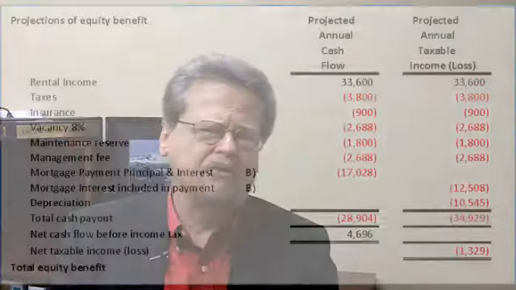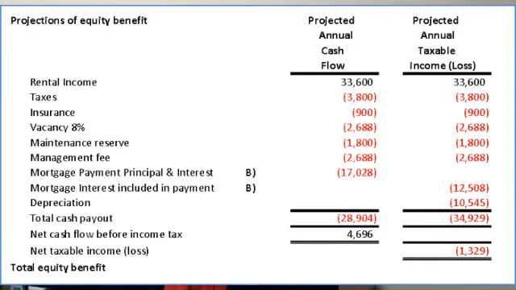You need to calculate both your projected cash flow and also your taxable income when running these figures. You'll see that the main difference between the two is that the principal portion, which is part of your cash flow and part of your mortgage payment, is not deductible. The interest portion only is deductible each year, but you make up for that by having the depreciation.